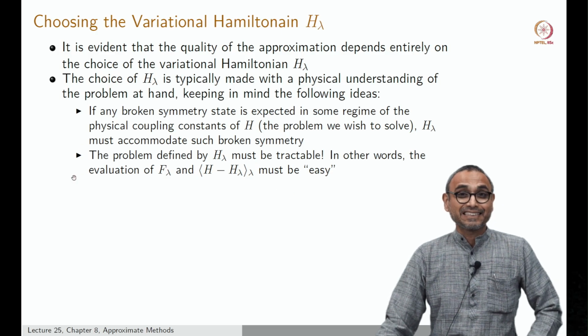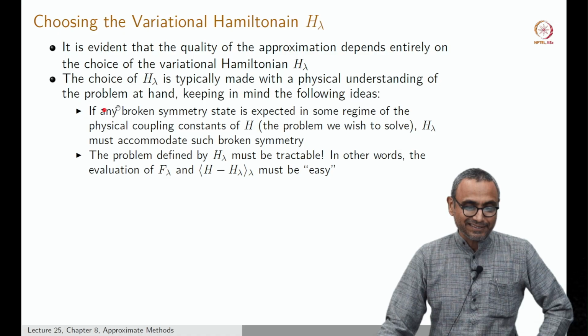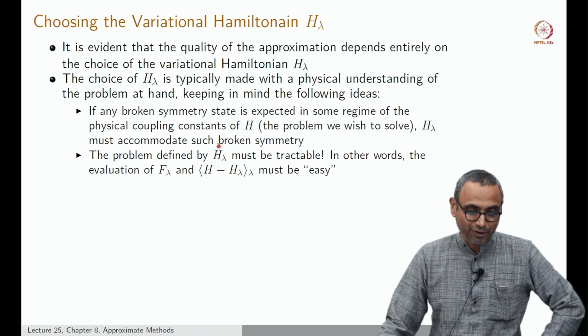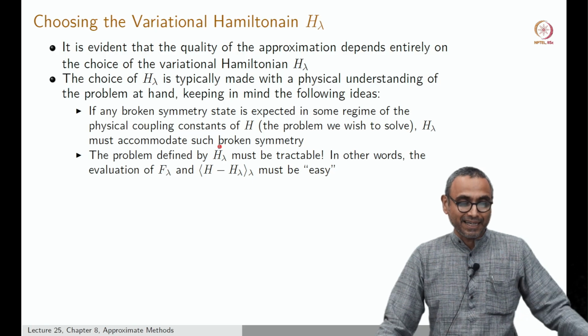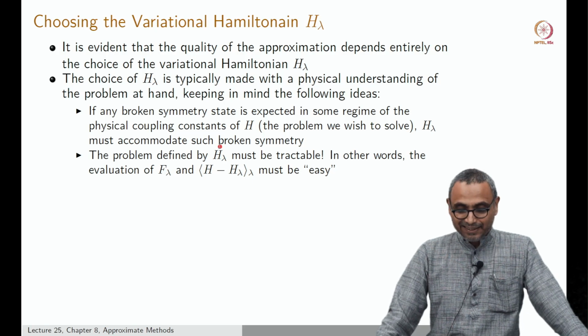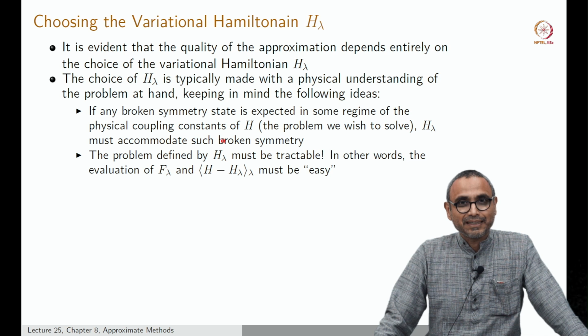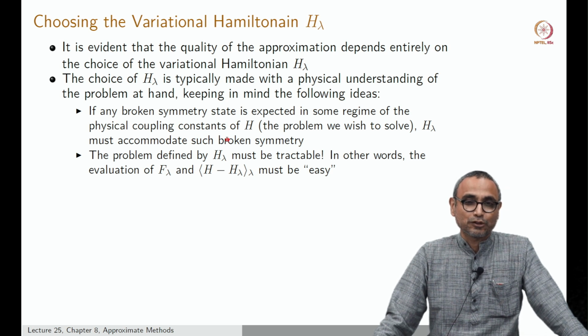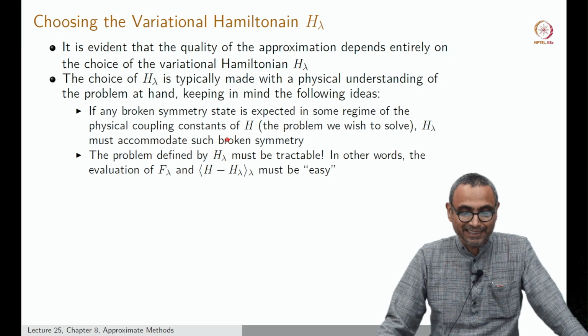So these are the two ideas. One is you should choose your H lambda such that it can capture the physics you are looking for, that you expect to realize. And second is that this H lambda that you are going to define must be a solvable problem. You should be able to solve it reasonably.